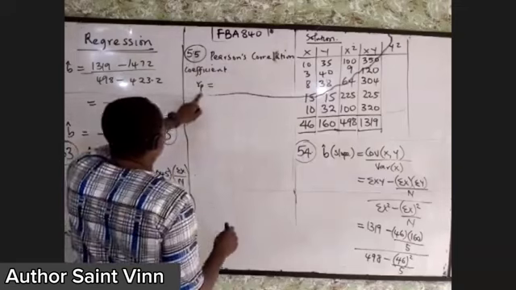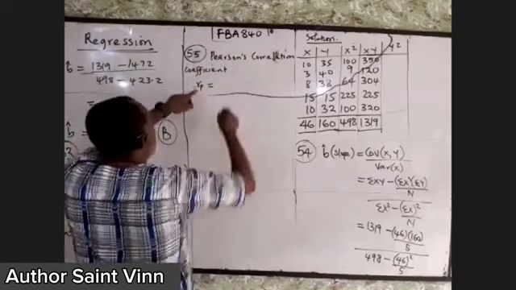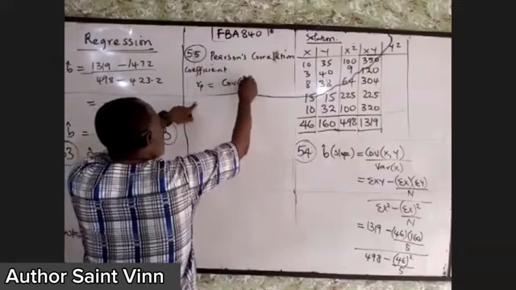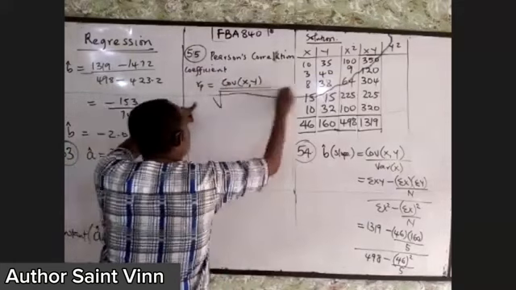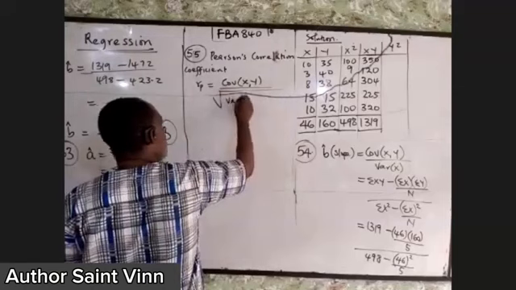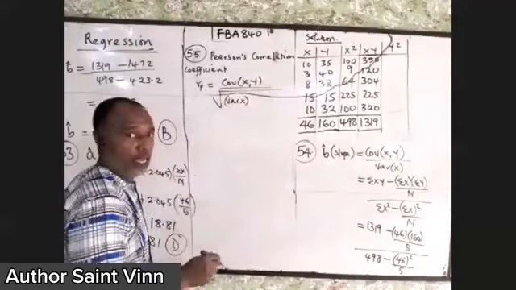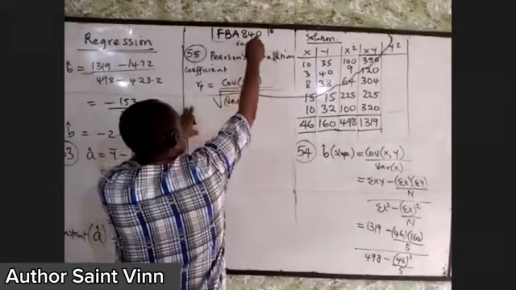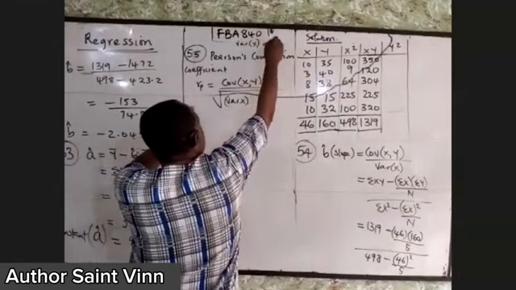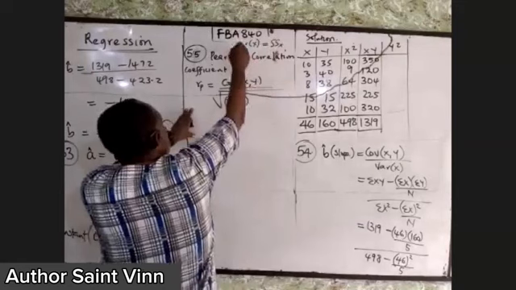That is Pearson's correlation coefficient, which is the covariance of xy all over the square root of the variance of x, which, remember, is written as SSX. Are you following?